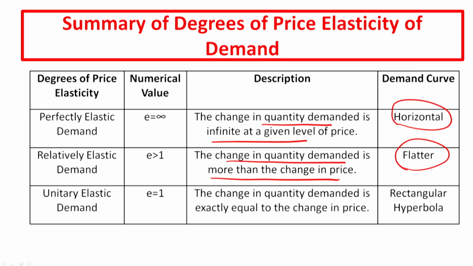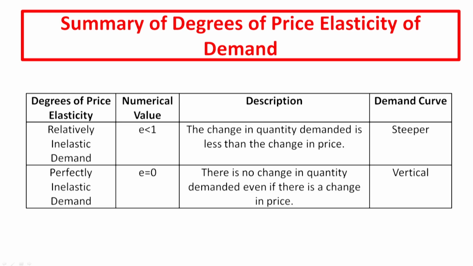In the third case, unitary elastic demand, the elasticity is exactly 1. The change in quantity demanded is exactly equal to the change in the price, and the demand curve is a rectangular hyperbola. In the fourth case, relatively inelastic demand, the elasticity is less than 1 and the change in the quantity demanded is less than the change in price, and the demand curve is steeper in nature.